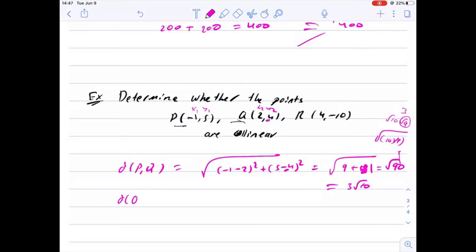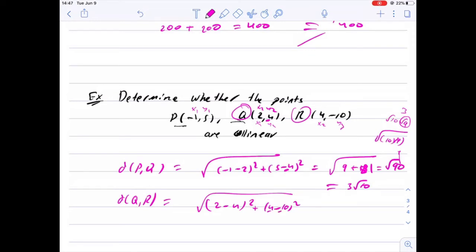Now we find the distance between Q and R. So this becomes x1, y1, and this is x2, y2. So we apply the distance formula. We have 2 minus 4 squared plus -4 minus 10 squared.